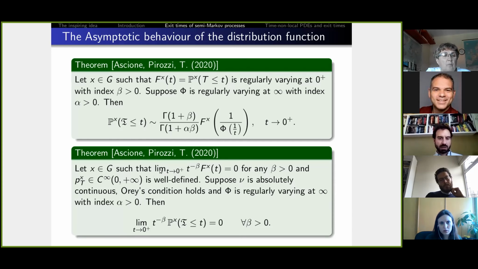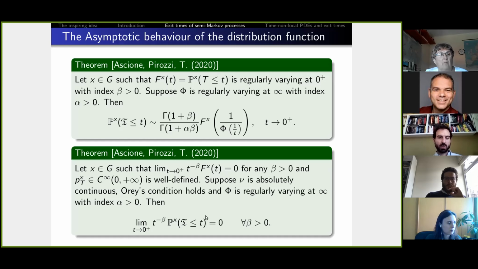What happens in this case is that if the original behavior before the time change, so before the delaying, this quantity here goes to 0 faster than any power, then it still does so faster than any power after the time change.